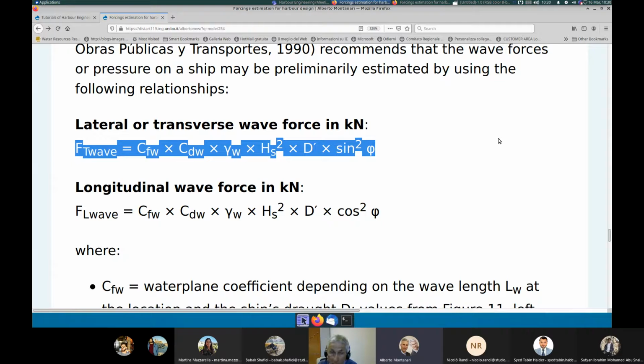So from 1.025 to 1.035, depending on the salinity. And so this is the specific weight of water.